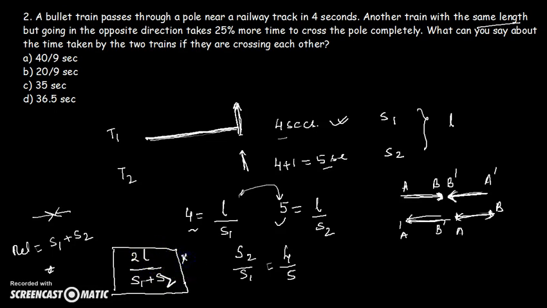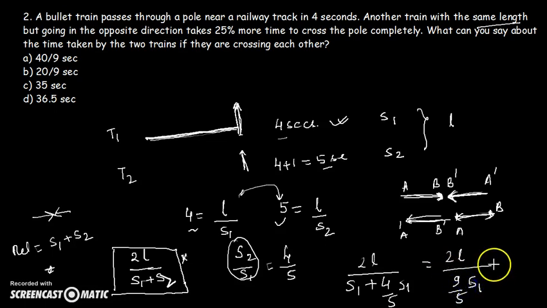Now you can use this S2 by S1 here. 2L divided by S1 here, and in place of S2 you can write 4S1 by 5, 4 by 5 of S1. This will become 9 by 5 of S1, or 10 by 9 of L by S1.